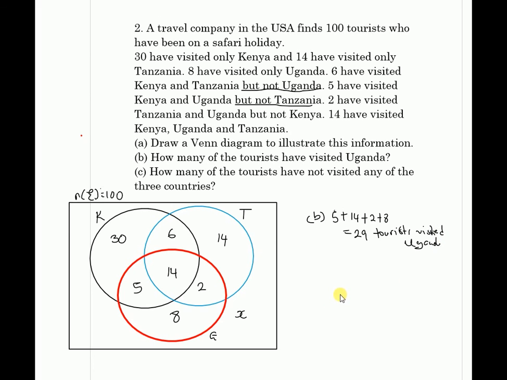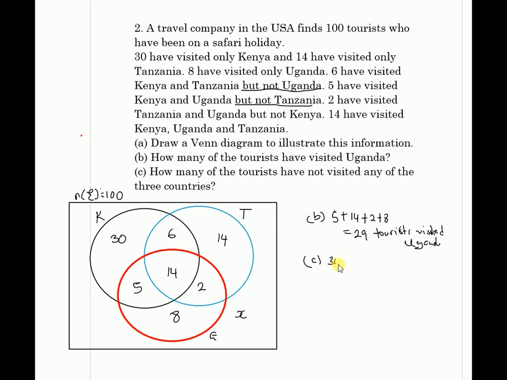And then part C is asking for how many of the tourists have not visited any of the 3 countries. So could there be some people who are not lying within these 3 sets? Let us add everything inside the quadrilateral and equate it to 100. If there is a value for x, then those are the people who didn't visit any of the 3 countries.